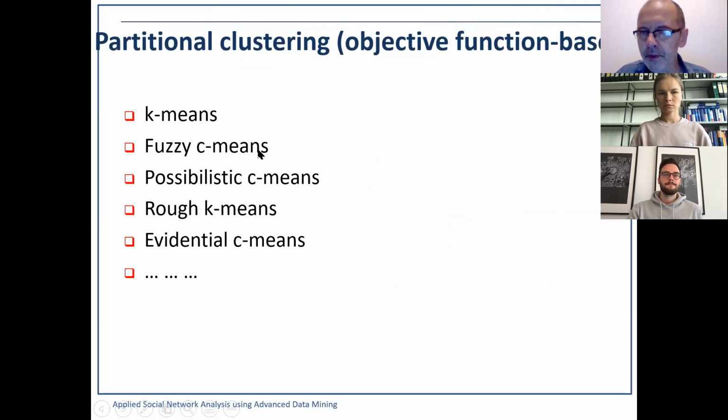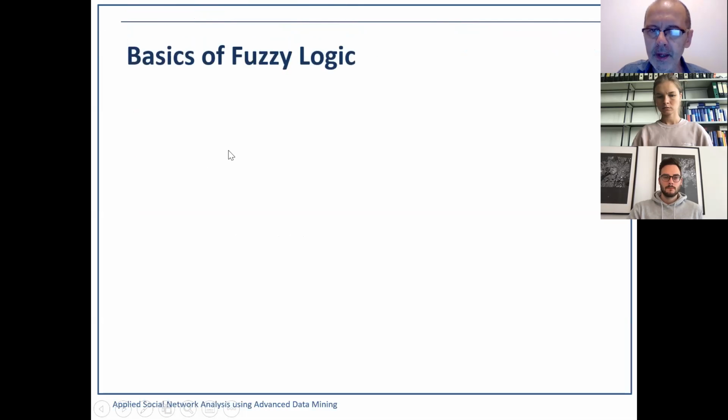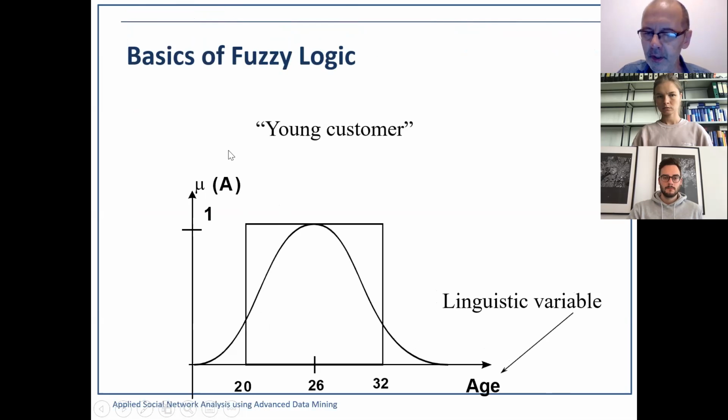And then we turned our attention to so-called partitional clustering, where we have all the observations and we partition the space of all observations. We introduced the k-means algorithm together with the notion of fuzzy logic. Okay, so first we had a brief introduction to fuzzy logic.